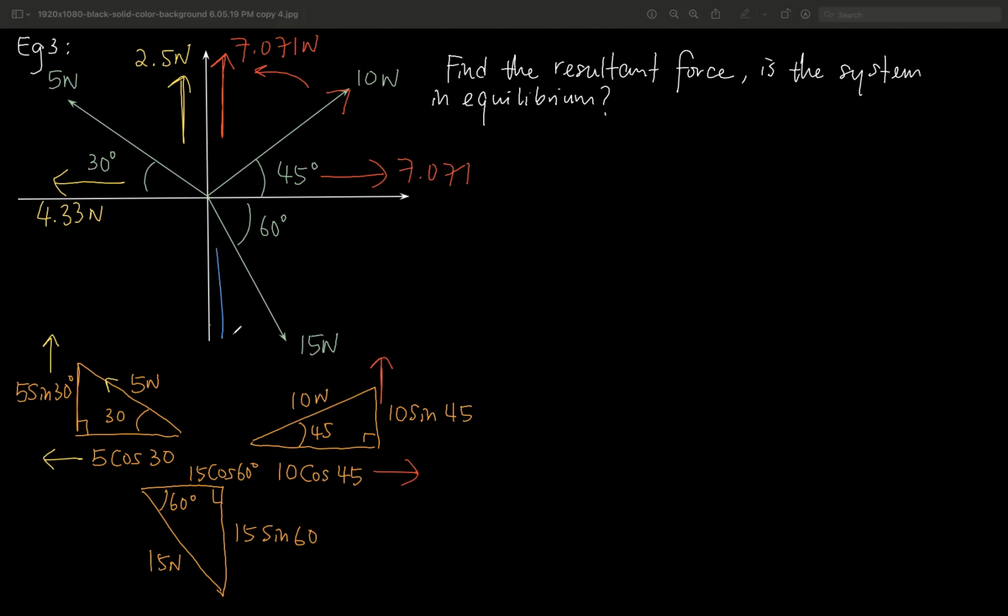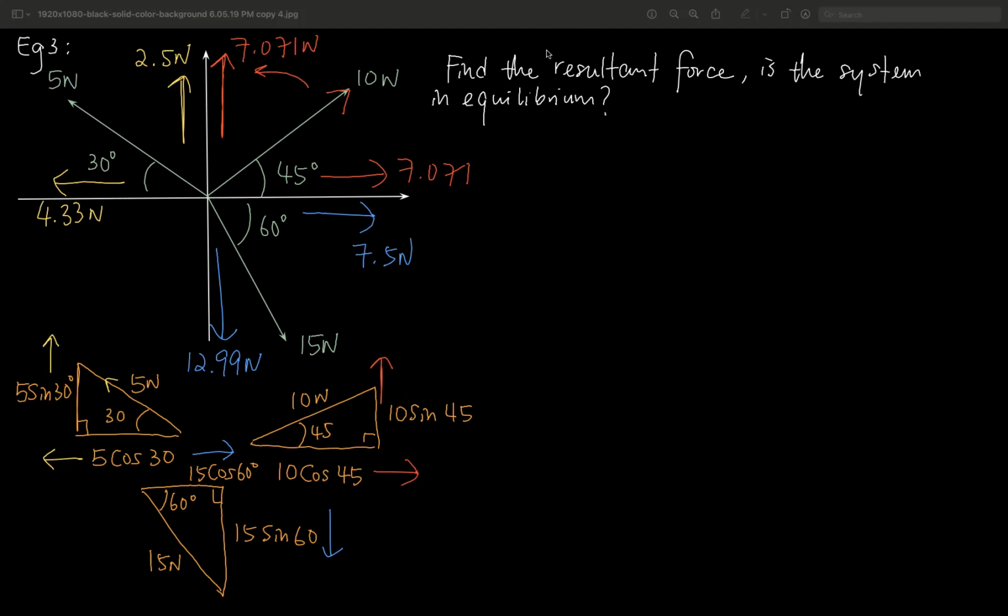Vertical is the 15 sin 60, and this is the 15 cos 60. So 15 sin 60 is 12.99 Newton, and this one is 7.5.